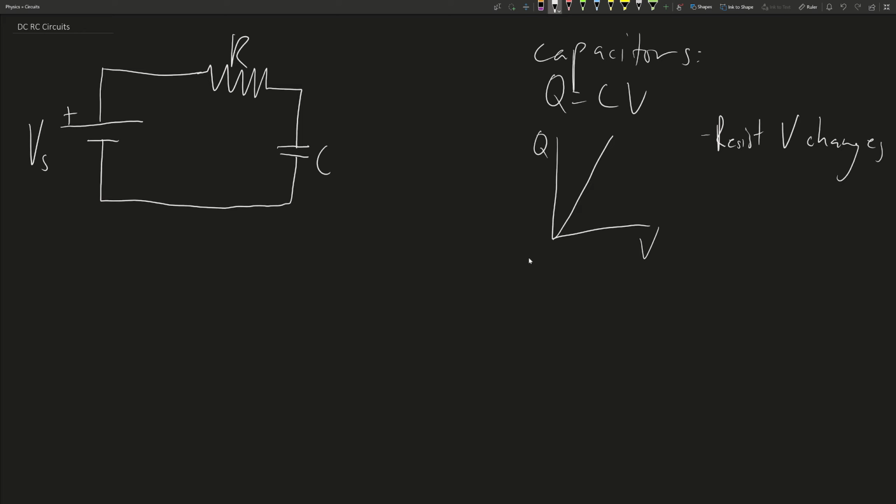So the faster the voltage in a capacitor changes, the more current has to flow through it. Capacitors in that way resist instantaneous voltage changes. We'll see that later as we examine the charging and discharging of an RC circuit.